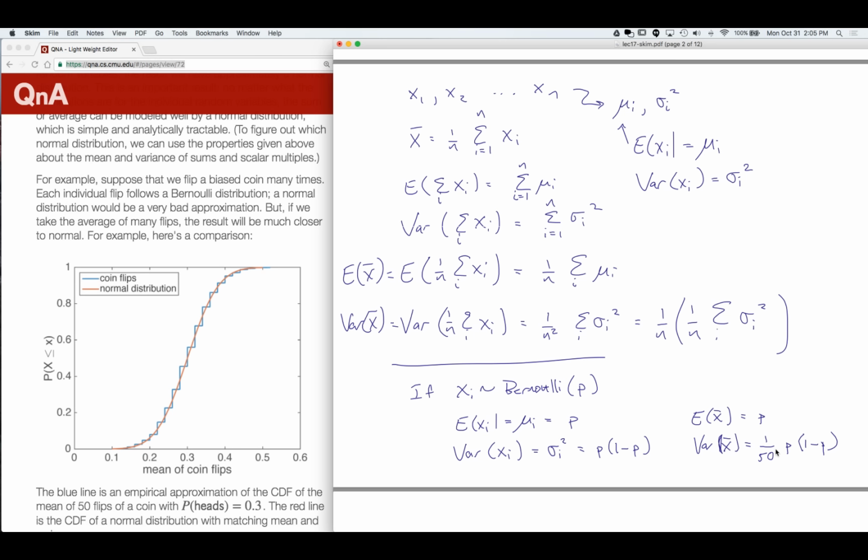All right, and so the red line in this figure here is the CDF of a normal distribution with this mean and variance. I took p equal to 0.3, and so I can plot that.